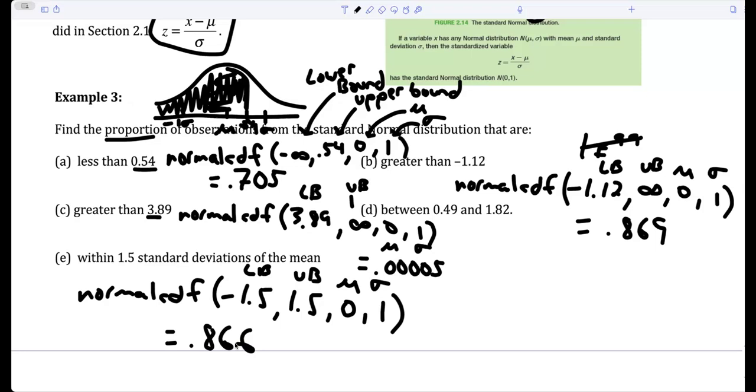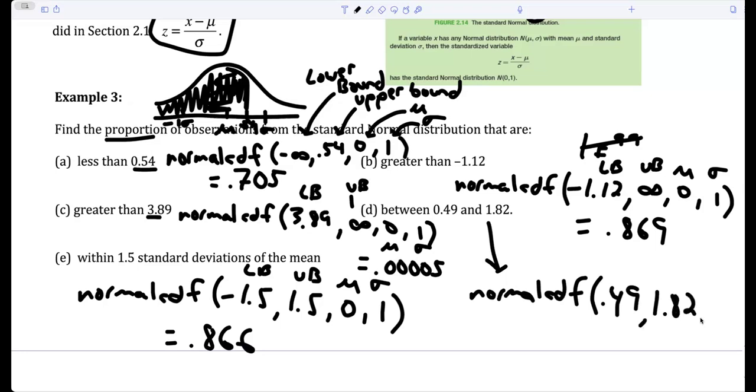And then for this one, we've got normal CDF 0.49, 1.82, 0 and 1. Lower bound, upper bound, mu and sigma. And I got 0.278.